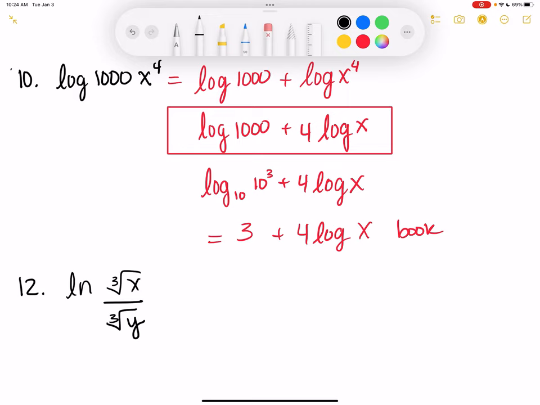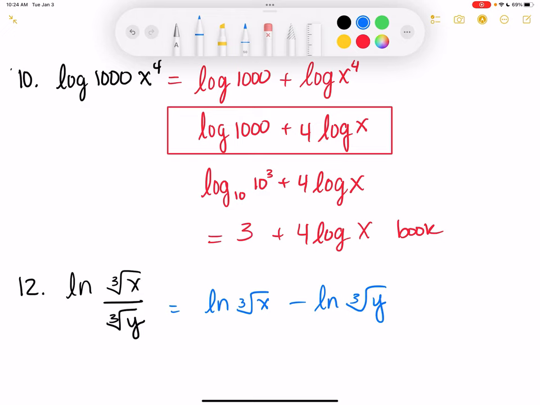What initially do I need to do? Do the subtraction first. So the ln of the cube root of x minus the ln of the cube root of y. Do you think I'm done? No. Can you take the cube root of both of them?